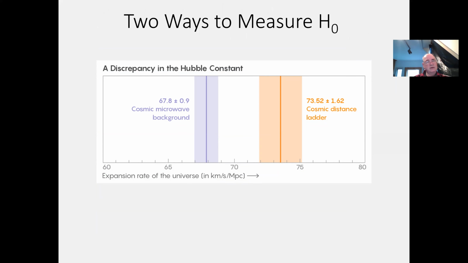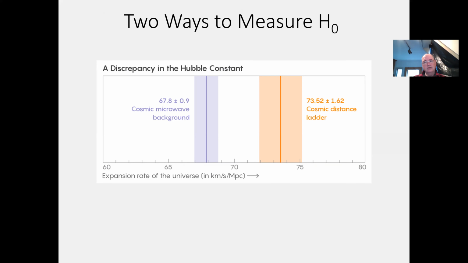Remember, redshift is easy. If you know what you're looking at and you can see the spectrum, none of this is engineeringly easy, but conceptually it's very easy. You can see where the line is as opposed to where it should be, and you can measure the redshift. What's difficult, remember, is to measure the distance.